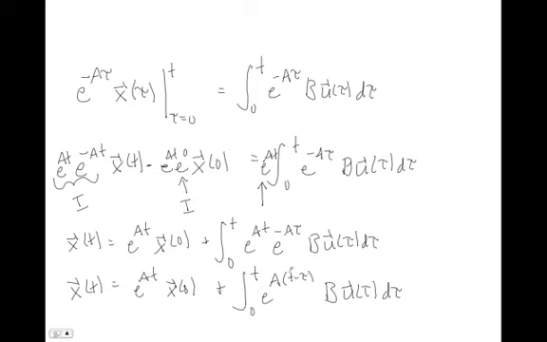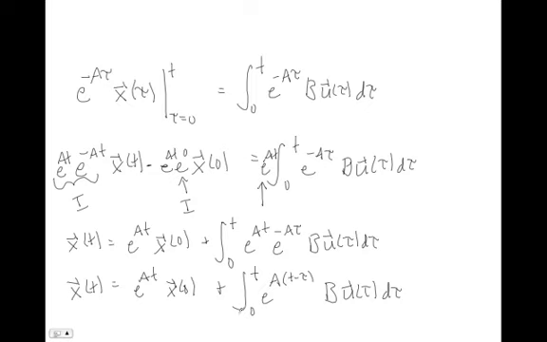As those become very big, maybe they've decayed away a lot, or if you have an unstable system, maybe they're growing a lot. And so this is accounting for the fact that past inputs have different effects on the current state value.